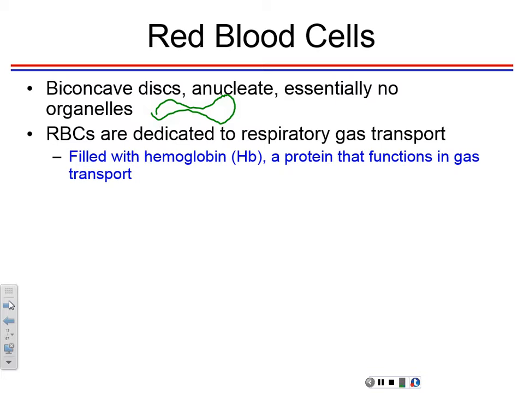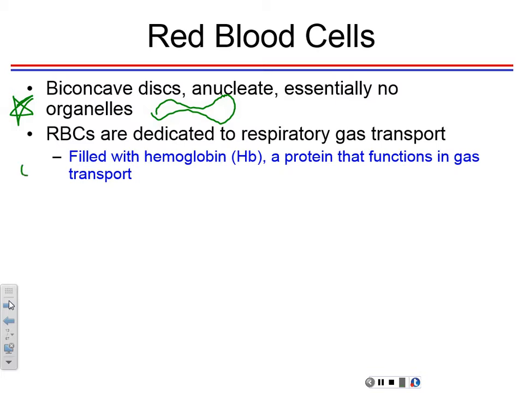If there's a bunch of organelles inside the cell, then the cell is going to be more bulky, and then it's going to be trying to squeeze through those capillary holes. No chance, man. So it's got to lose weight, and the only way to do that is to lose all these organelles. The only thing it needs is the hemoglobin. So this is really a specialized cell, in that it's no longer even a cell as we know it.